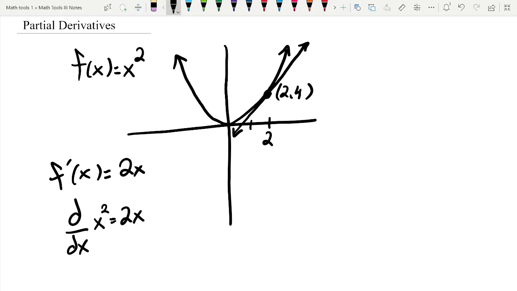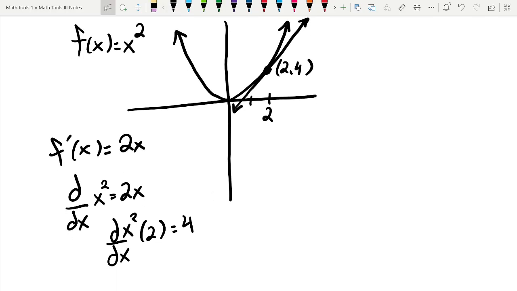So we would get 4, right? So we'd write d/dx of, maybe we put x squared here, of 2. There's different ways to write it. Okay, so we would get 4. So the slope at this point is equal to 4, which happens to be the same as the output at this point, but it doesn't need to be, of course.